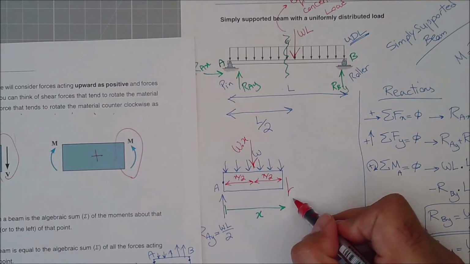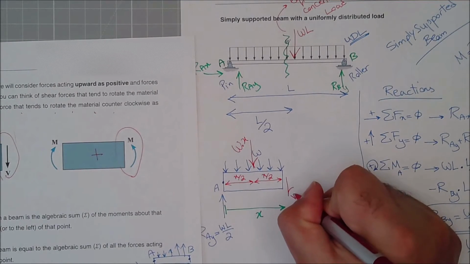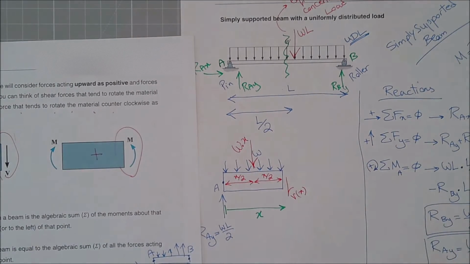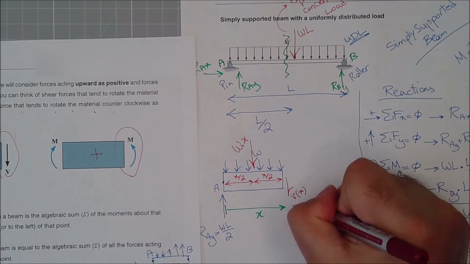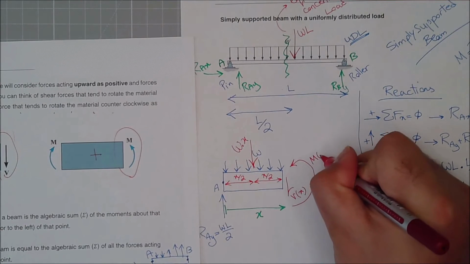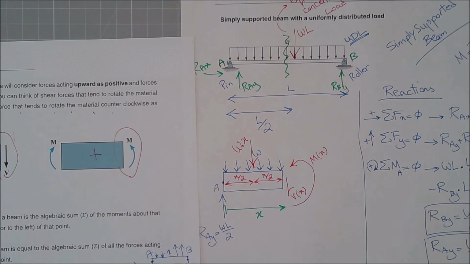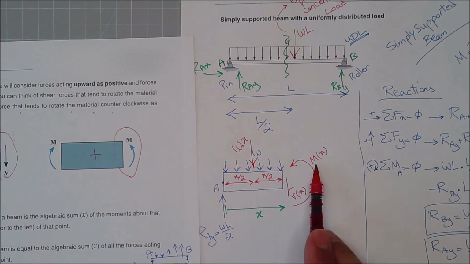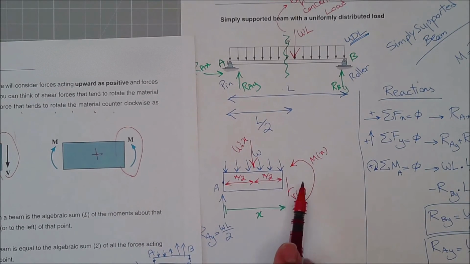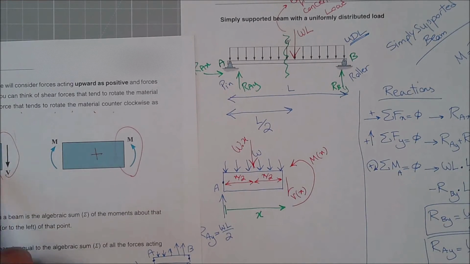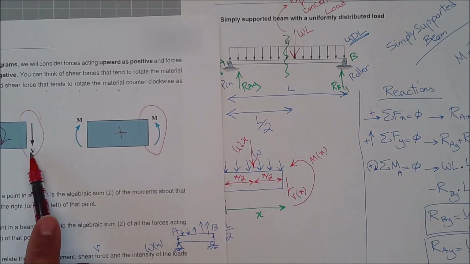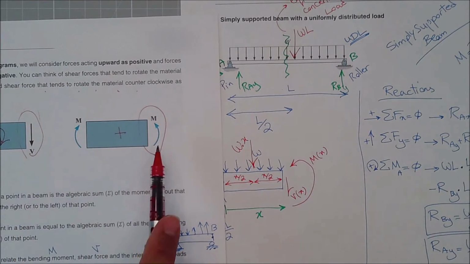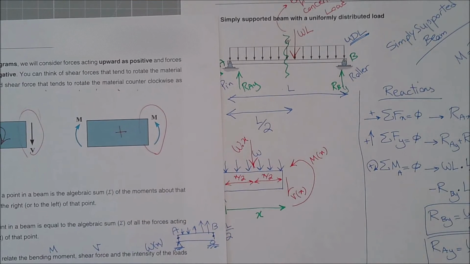So the positive sign of shear will be something like this, and shear is a function of x, as we just discussed in the lectures, as well as I'll draw a moment which will be something like this, and that moment will be a function of x as well. So at this point, which will be x, I will have a shear and a moment. And the direction that I draw them is, because I'm cutting the right side, I just draw the positive ones. This is the positive sign of shear on the right side, and this is the positive sign of the moment on the right side.